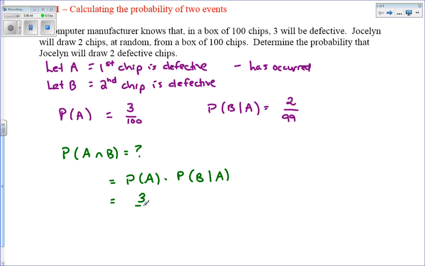So 3 out of 100 times 2 out of 99 gives you 6 out of 9,900. And if you simplify that and put it in lowest terms, which you should, that gives you 1 out of 1650.